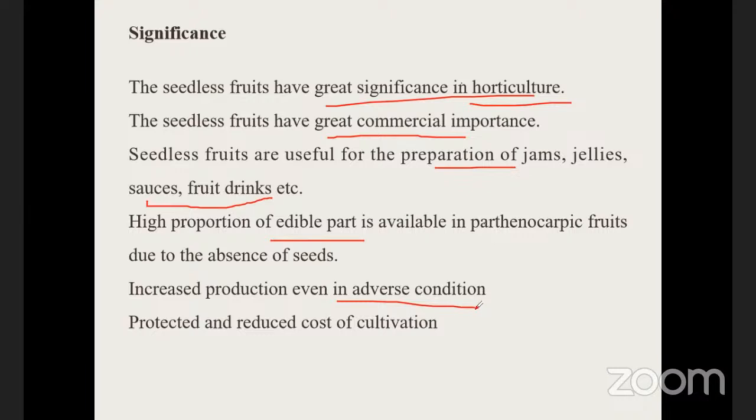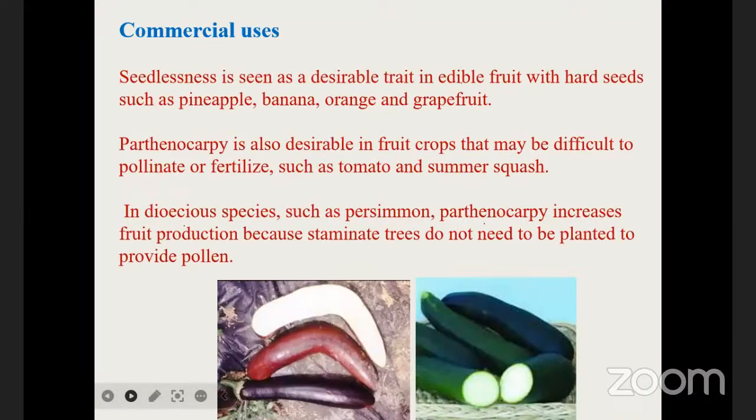And protected and reduced cost of cultivation. It will be protected and reduce the cost compared to the seeded fruits. So this is very much useful in horticulture commercialization for product.